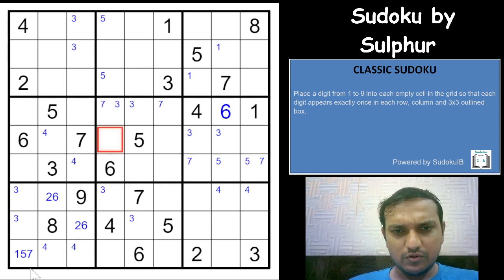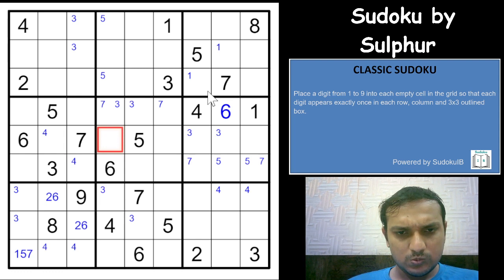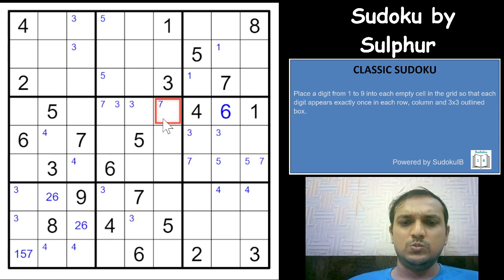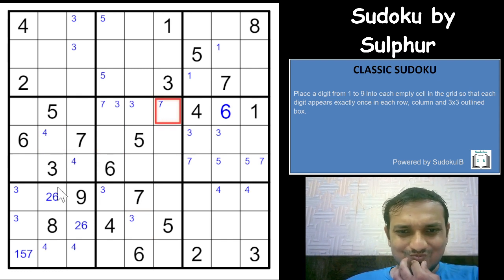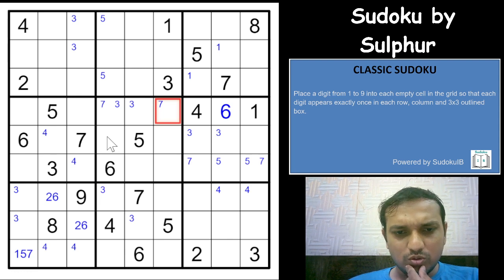There's nothing with 3 and 4 guys, come on. I don't actually want to go for all the pencil marks. Maybe I thought I could do it without that, but I don't think so.